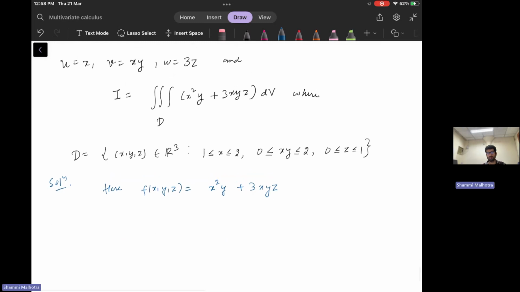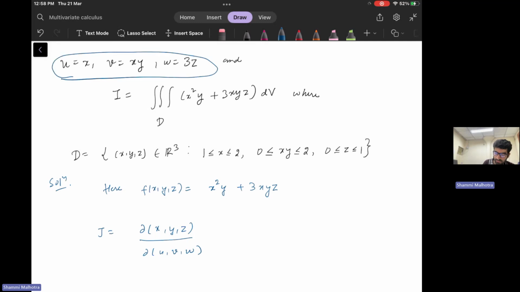Now we have to evaluate the Jacobian, which is given as del of (x, y, z) divided by del of (u, v, w) because of the new variables. But since we already have u, v, w in terms of x, y, z, it's better to evaluate the Jacobian in the reverse direction. What do I mean by that?